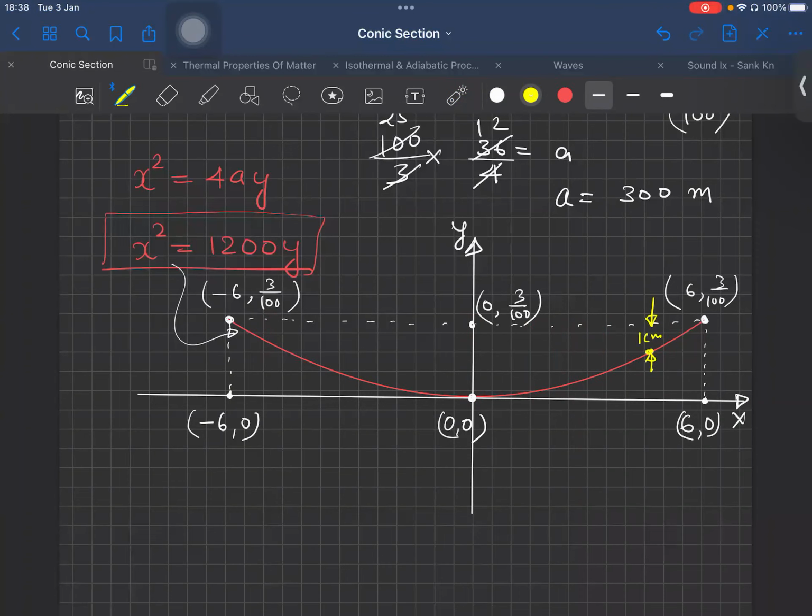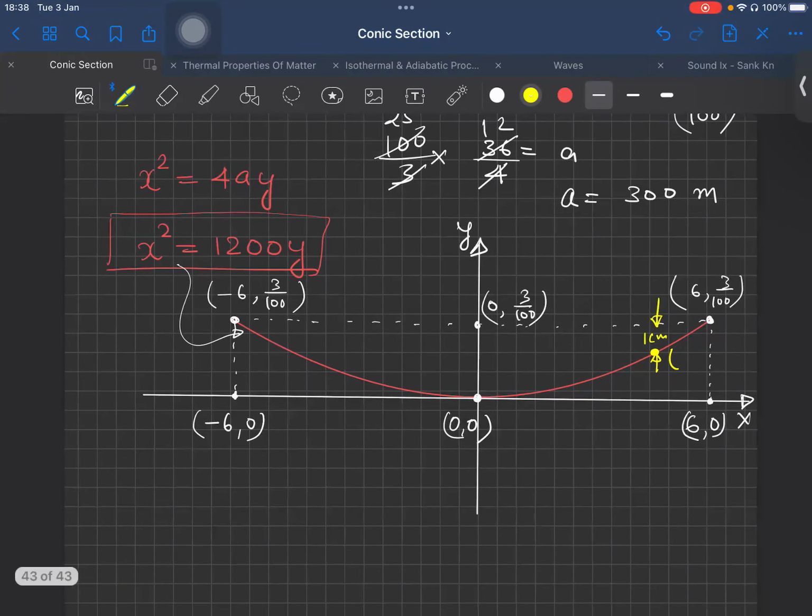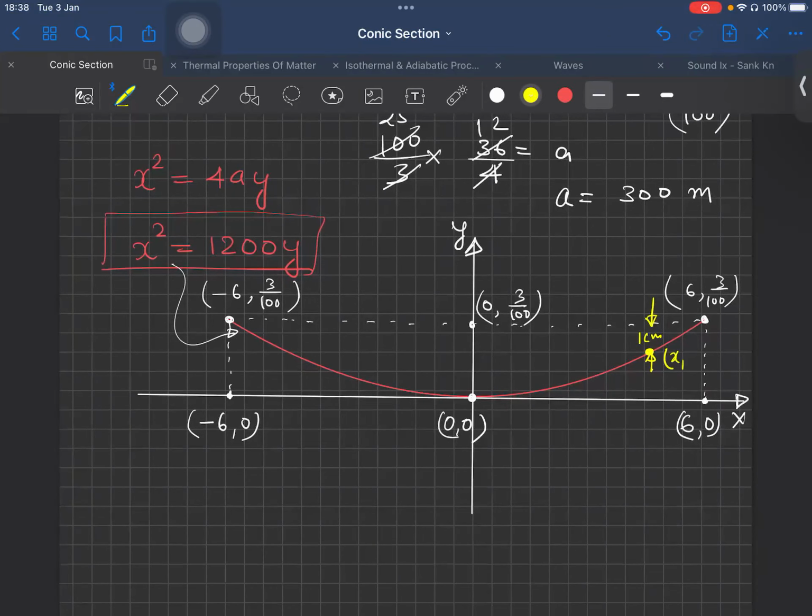That means this coordinate, this point, we need to find out. What will be the coordinate of this point? X we don't know, right? Let's write it as X1. Comma, Y is how much?